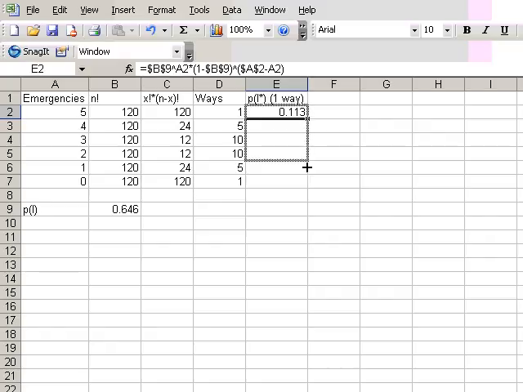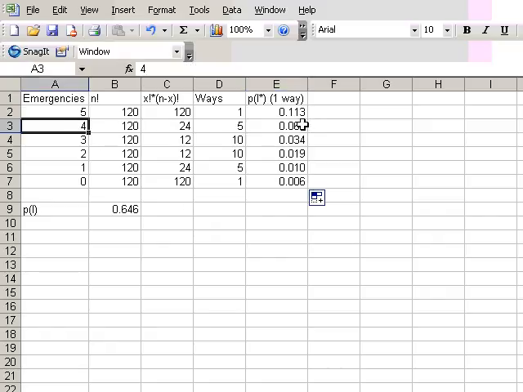Now as I drag this down, I see the probability associated with 4 emergencies, 3 emergencies, 2 emergencies, 1 emergency, and 0 emergencies in only one way. That is, there is only one way we can get 5 emergencies, but there are 4 ways we can get 4 emergencies out of 5, and for any one of those ways, the probability is 0.062.